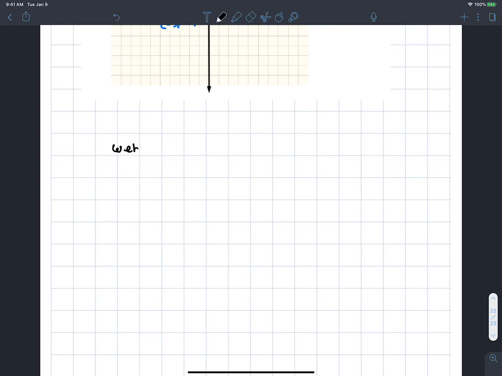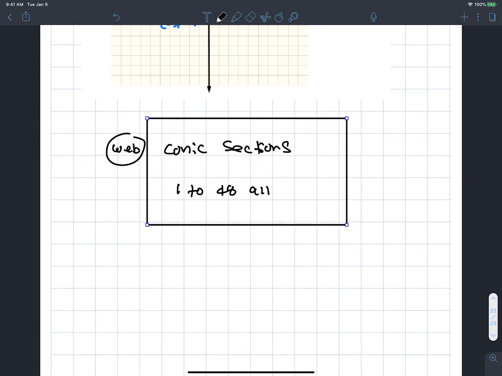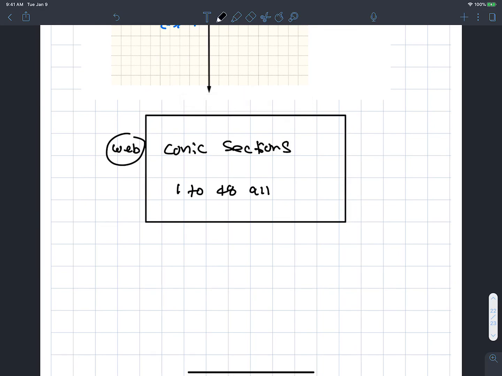You're going to go do the web work, and you're going to work on conic sections. And that's, of course, graph conic sections. And you're going to do 1 to 48 all for homework.